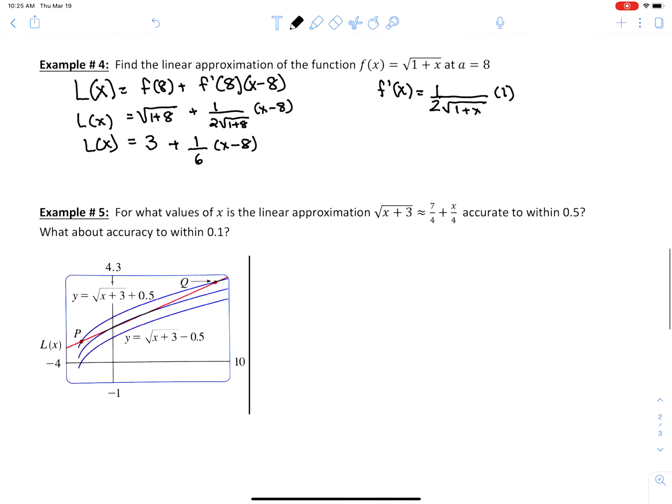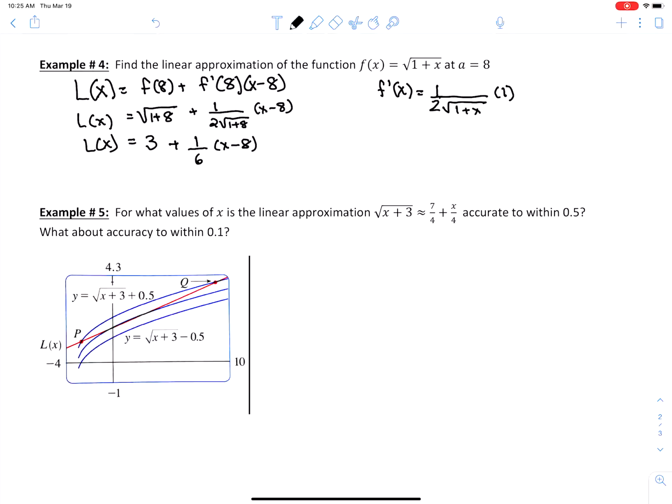So for what values is my linear approximation accurate to within 0.5? So I want the approximated value to be within 0.5 units of the real answer.